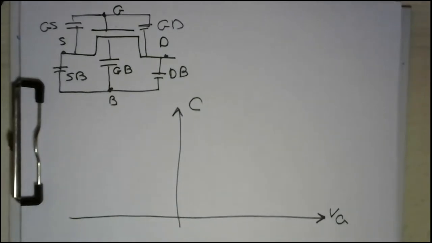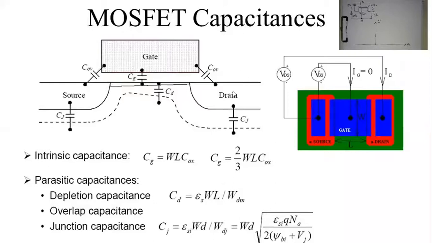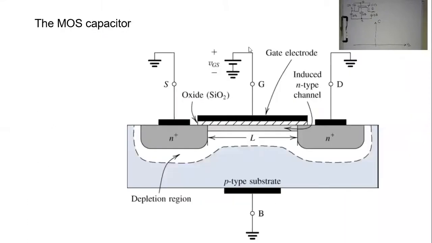So let me return back for a while to our presentation slide. Okay, so let me start with these p-n junction capacitors. So we have three p-n junction capacitors. The first one occurs between the source and the bottom. And the second one is between the drain and the bottom. And the third one is between the channel and the bottom.